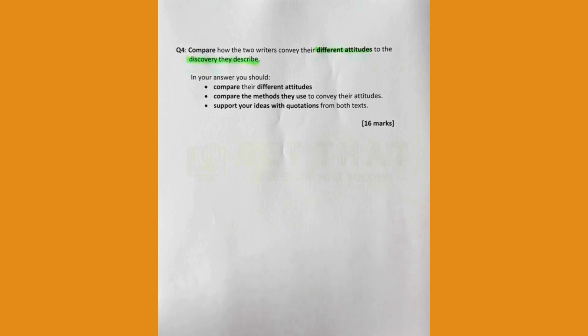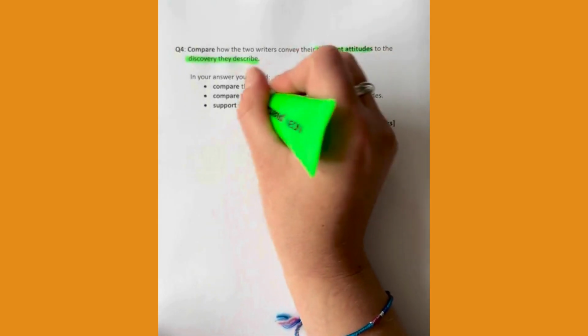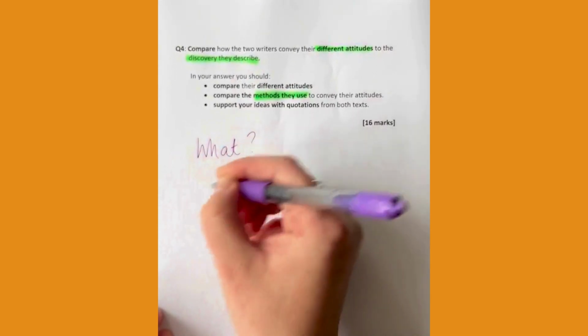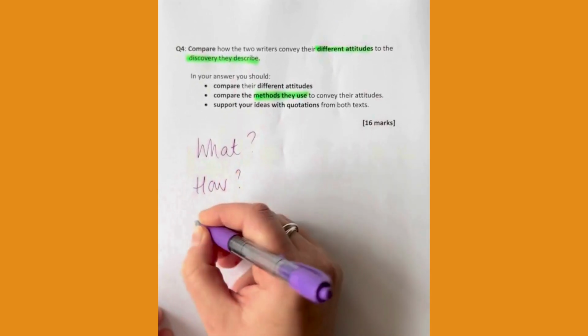We aren't just talking about what their attitude is, we're also going to look at the methods they use to show that. And this is why I'm saying this is the what, how, why question. If you remember it's the what, how, why question, it should make it a lot easier to prep for and to write the answer for.